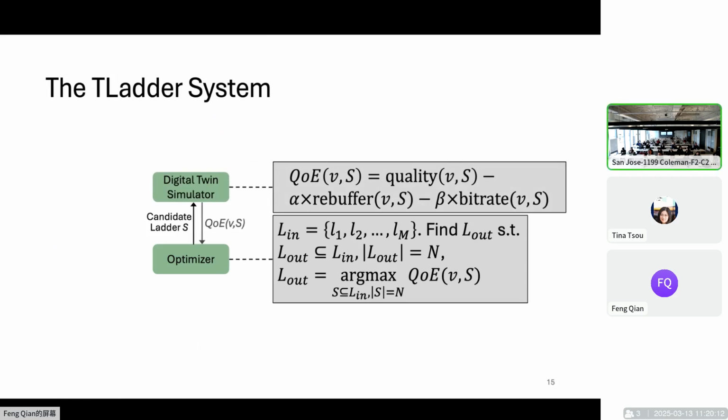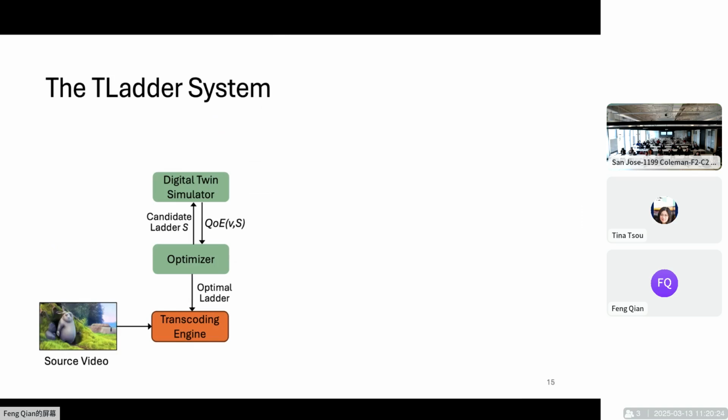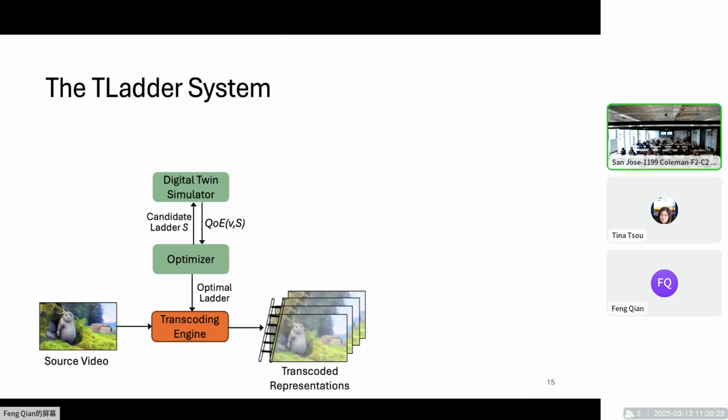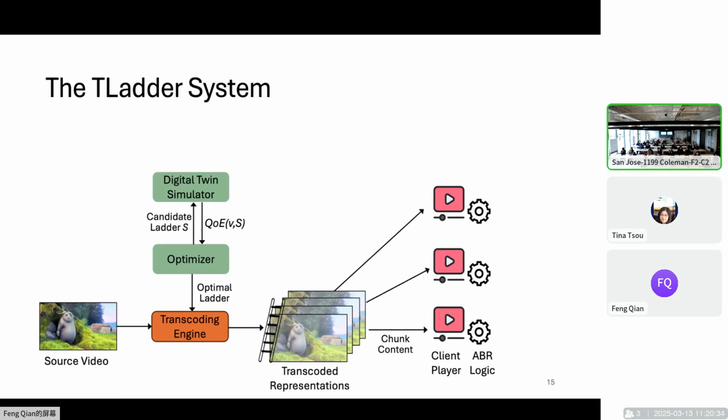The simulator gives the calculated QE back to the optimizer, and the optimizer produces the optimal ladder and gives that to the transcoding engine. Then the source video is transcoded according to the ladder into multiple transcoded representations, and these representations are consumed by the clients.